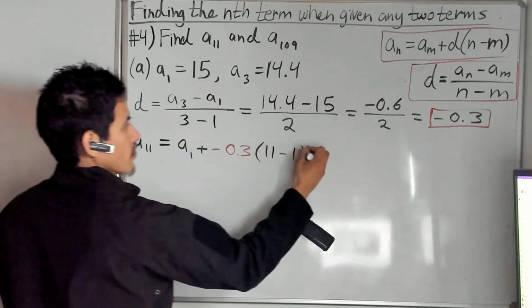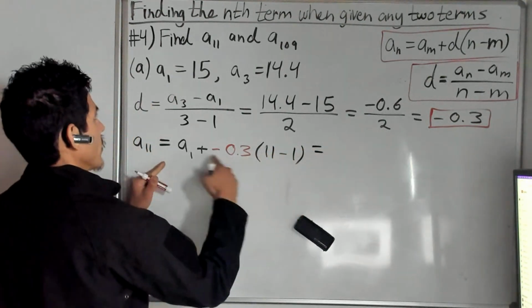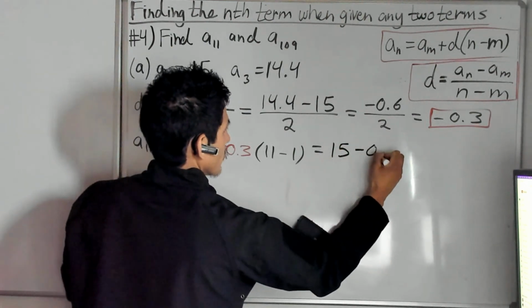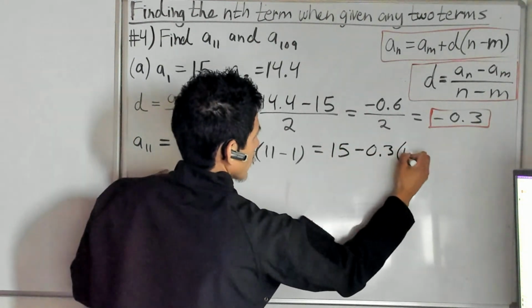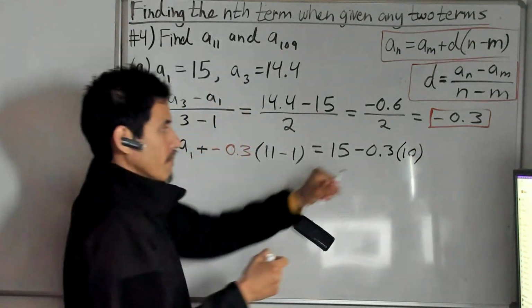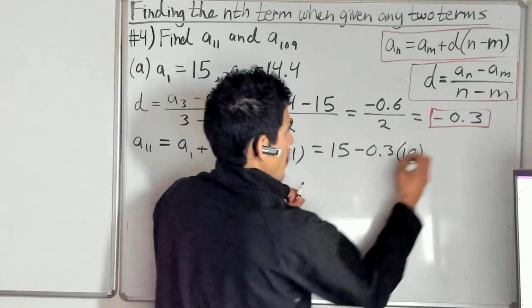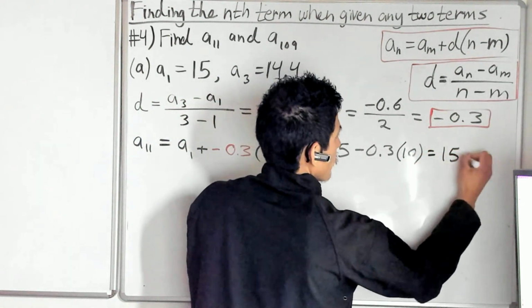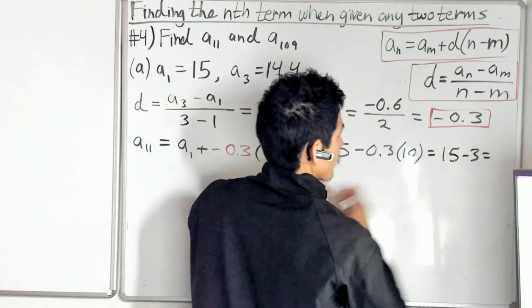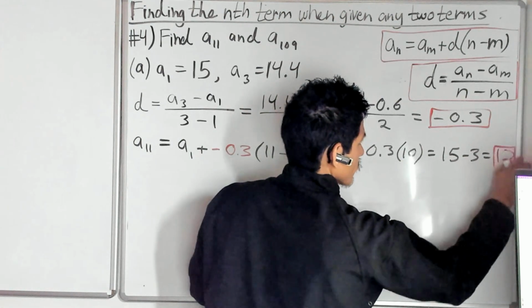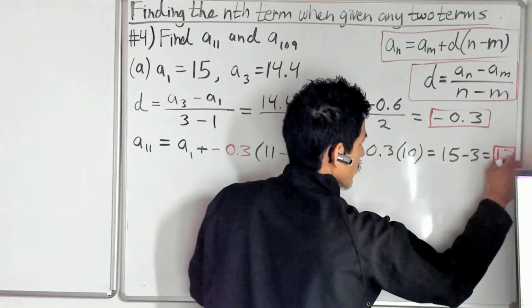And let's just work it through. So A1 is 15 minus 0.3 times 10. So 15 minus 3, and then we'll get 12.